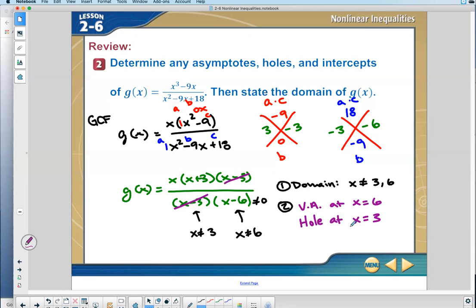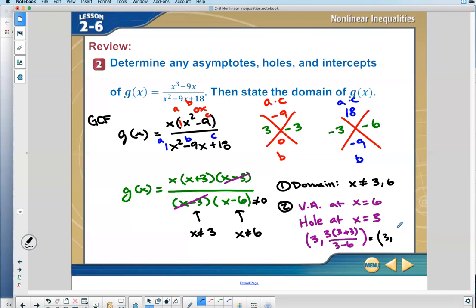And so how you solve for a hole is you plug in a 3 to every x value. So if I plug in a 3 there, I would have 3 times 3 plus 3 divided by 3 minus 6. Let's simplify this. What's 3 plus 3? 6. And 6 times 3 is 18.